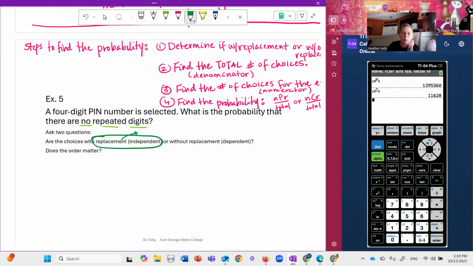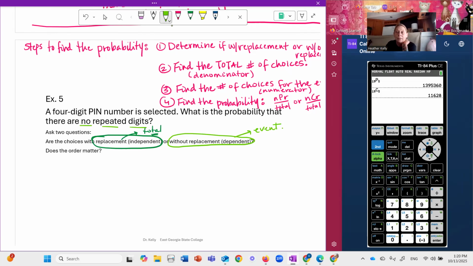So the total is with replacement, and the event is without replacement, okay? So you really have to look at these two things completely separate.